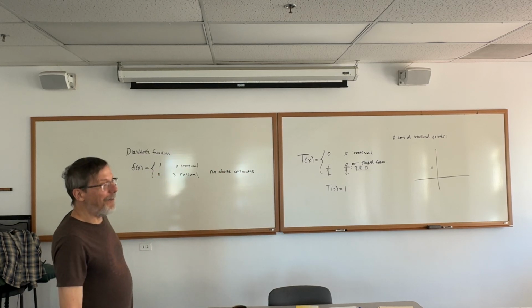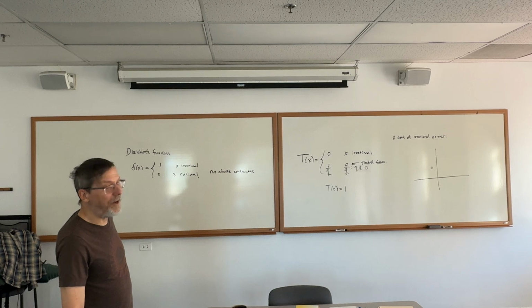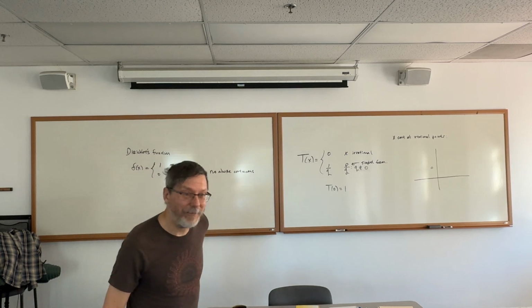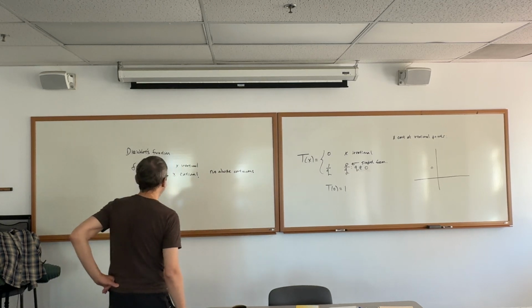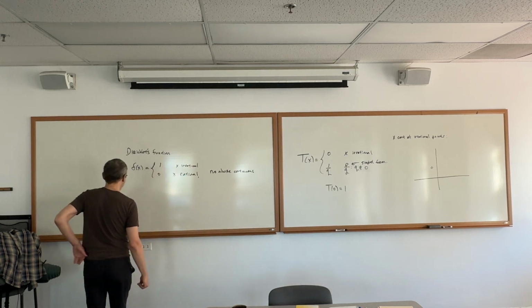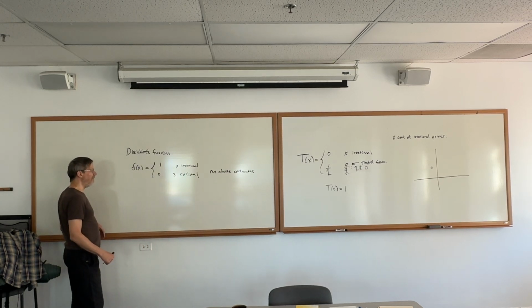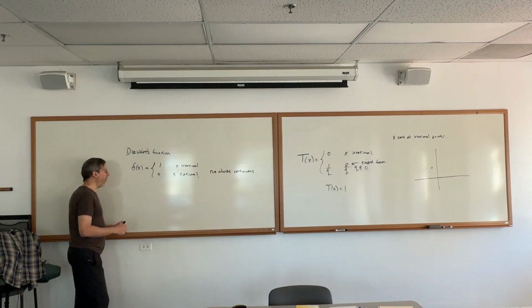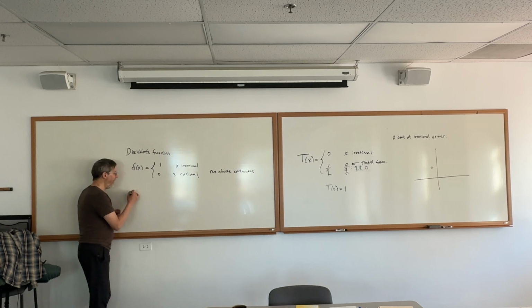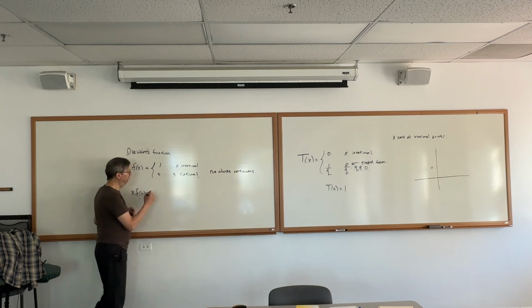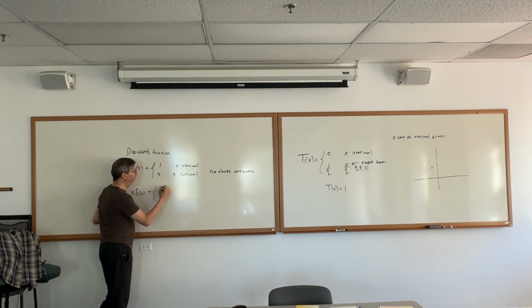Can someone give me an example of one that's continuous at exactly one point and nowhere else? Yes, Liv. It would be x if x is rational and 0 if x is irrational. Yeah, perfect. We could take x times the Dirichlet function, which is equal to x if x is irrational.